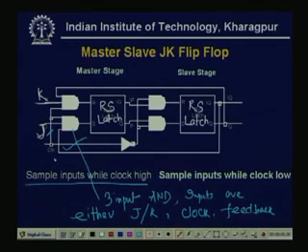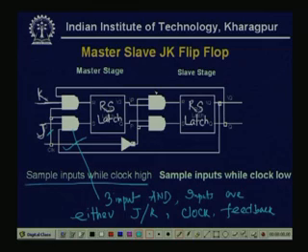Now, when the first one is taking the inputs or operating, the clock input of the second RS latch becomes 0 because it is inverted. And if the clock is 0, then we know from the function of the RS latch that it will hold the previous state. So, when the first RS latch is operating, the second one is holding the previous state.